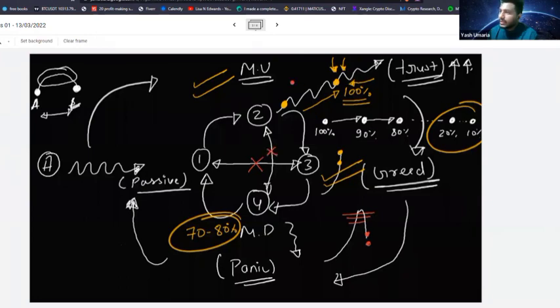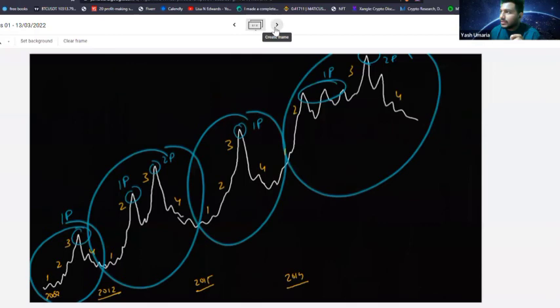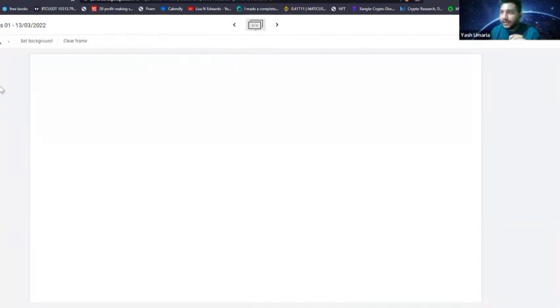Okay. So now this information is for the top 10 to 20% of the coins. So mostly 50-60 coins are going to follow these things. The remaining coins are going to be a little bit different.